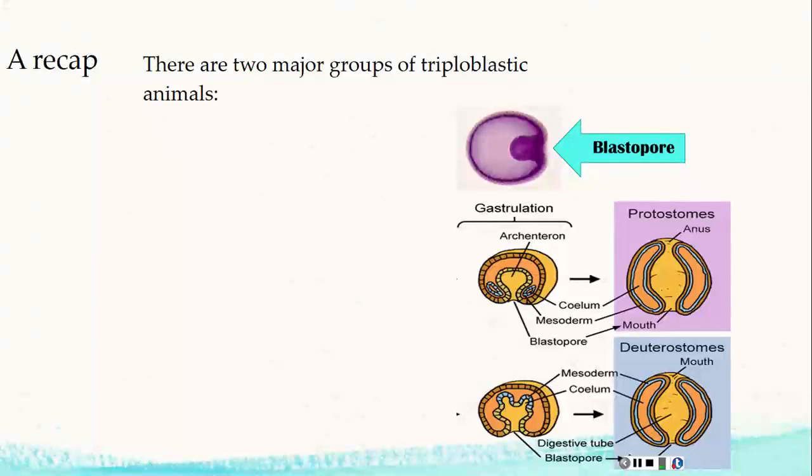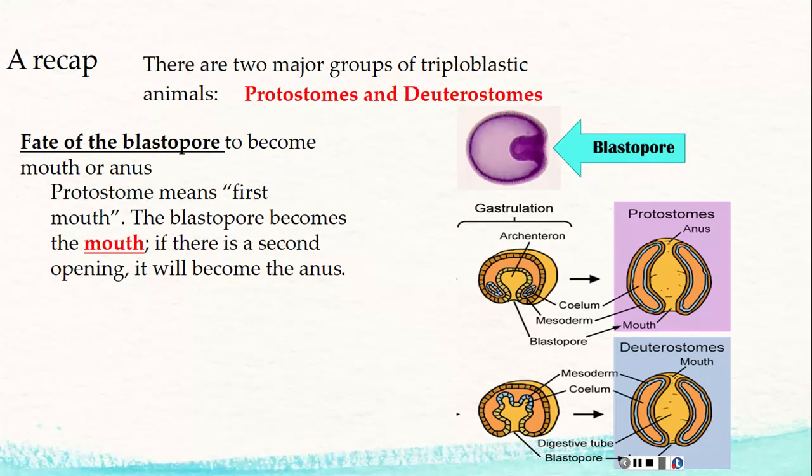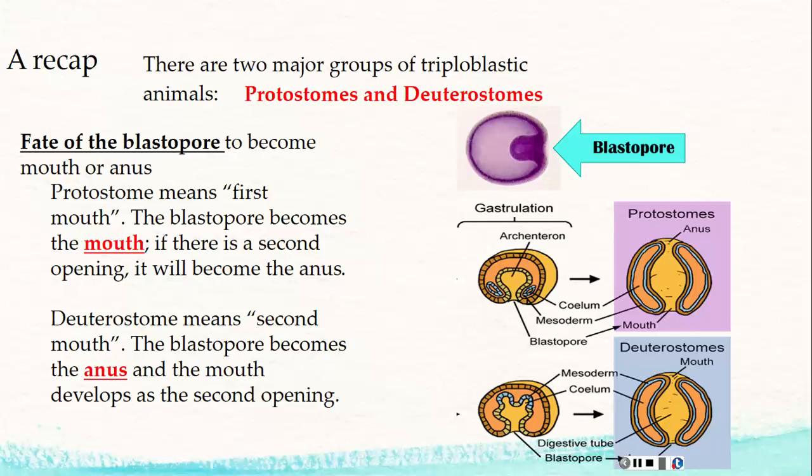Okay, this just serves as a recap of the fate of the blastopore. We're looking at two major groups of triploblastic animals, and they are differentiated into the protostomes and the deuterostomes based on the fate of the blastopore. And again, the fate of the blastopore, which happens first: is it a mouth that develops or the anus that develops?